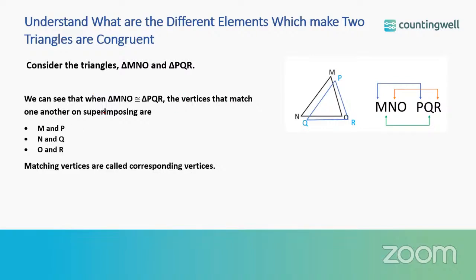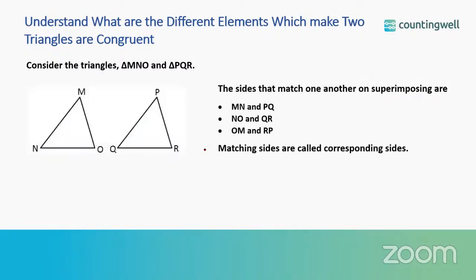We can see the vertices that match one another are M and P, N and Q, and O and R. So the matching vertices are nothing but the corresponding vertices. Let us see for the sides. The sides which match one another are MN and PQ, then NO and QR, and OM and RP. The matching sides here are nothing but the corresponding sides.